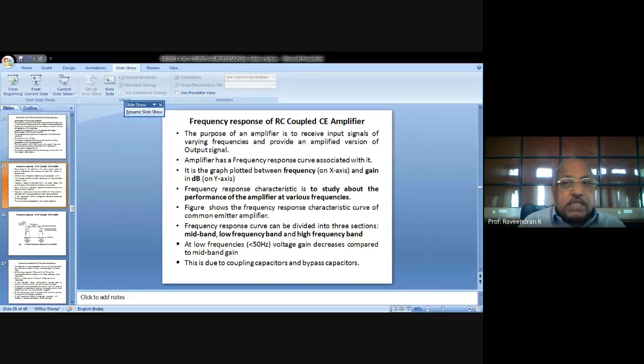At very high frequencies, the inter-electrode capacitance offers a very small capacitive reactance, which may sometimes cause a short circuit, but it will not be a short circuit as such; instead it will cause an increase in the base current.